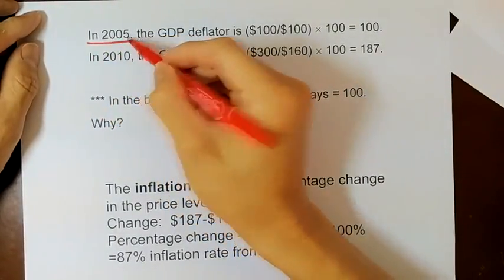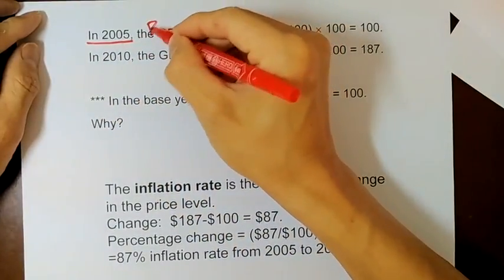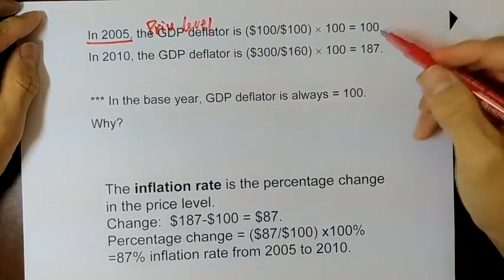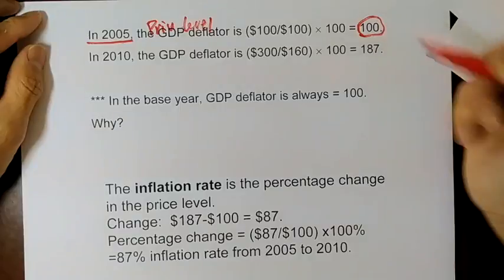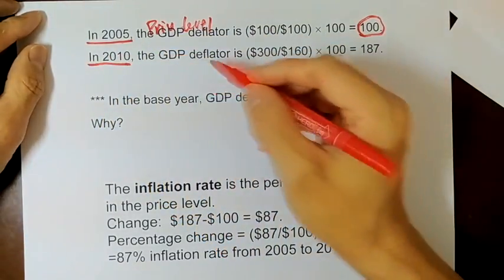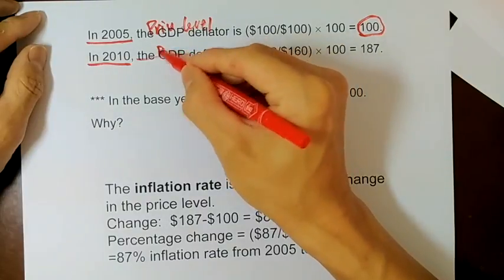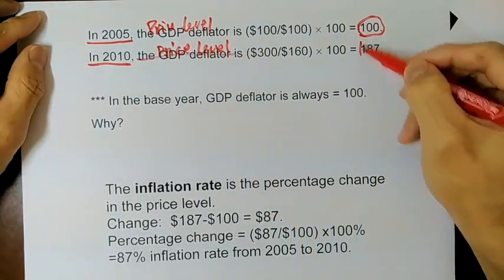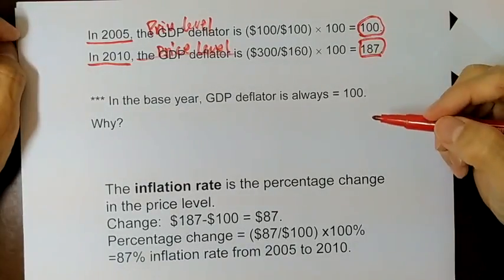So in 2005, the overall price level is equal to 100. In 2010, the overall price level is equal to 187.